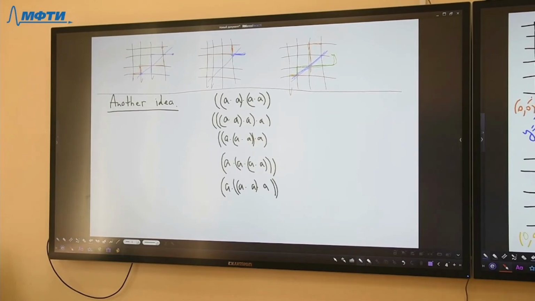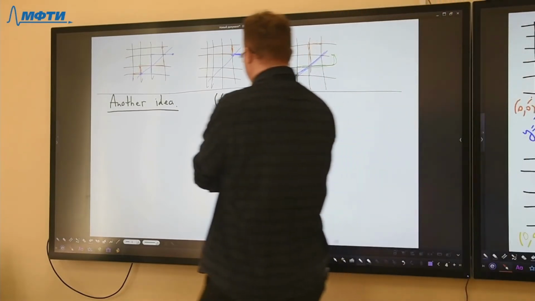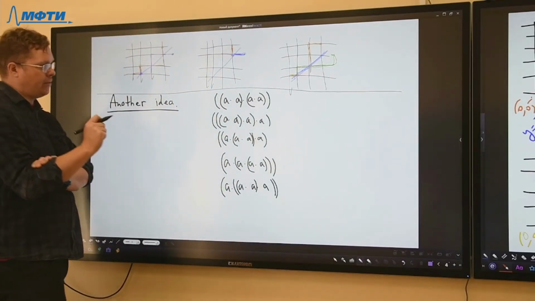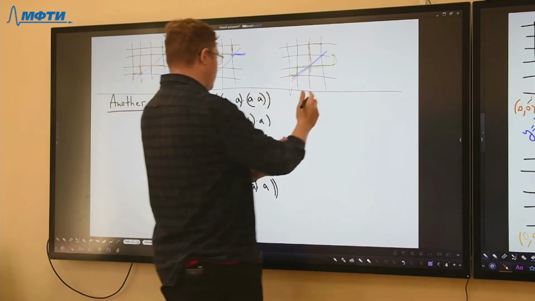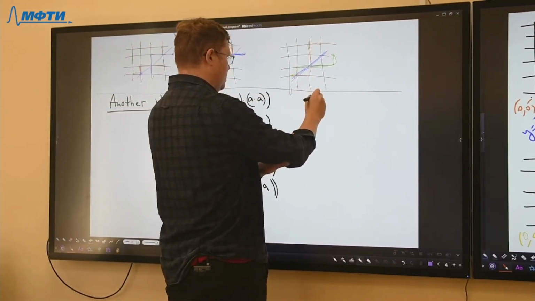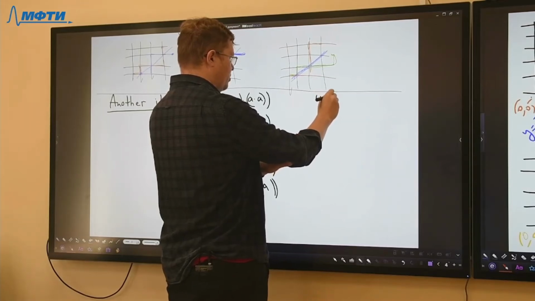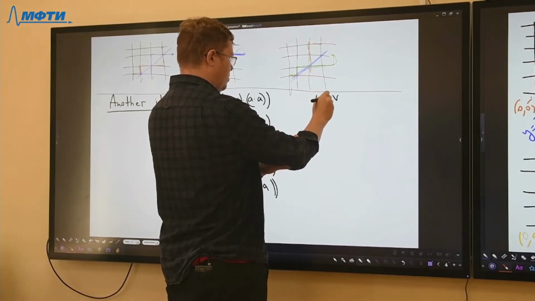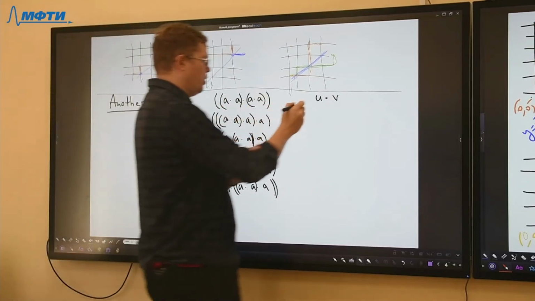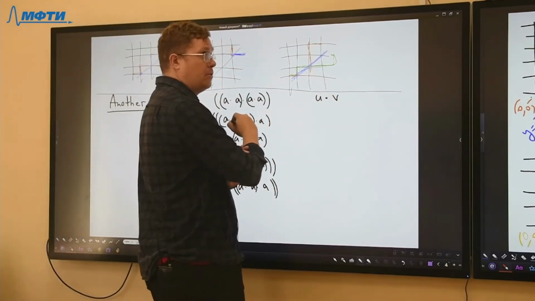And the idea that I will provide is the algorithm. If I need to multiply the words u and v, I will write the multiplication to the right of it.